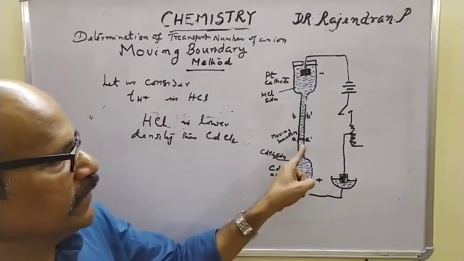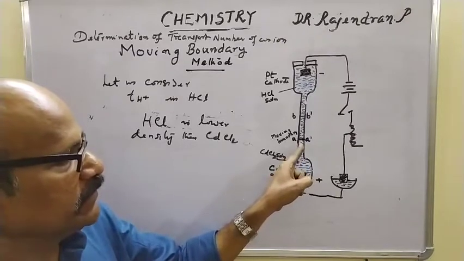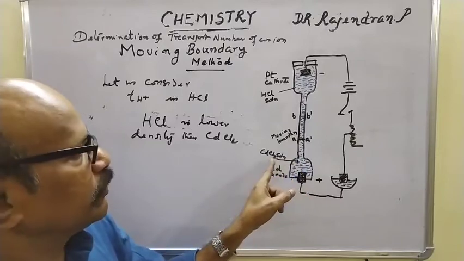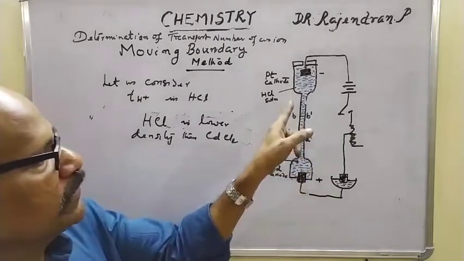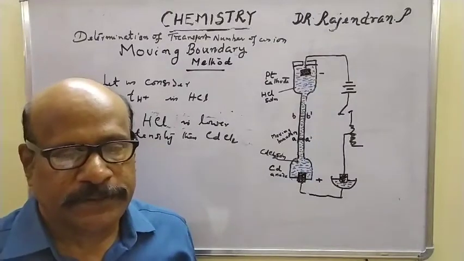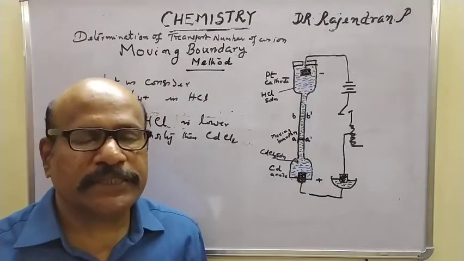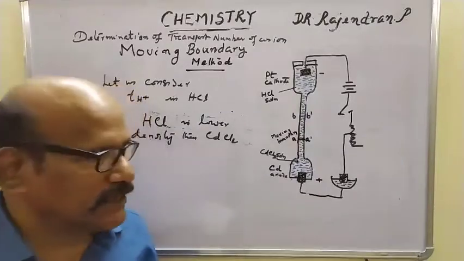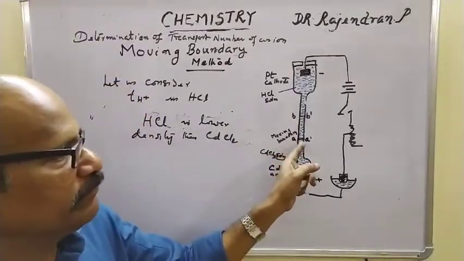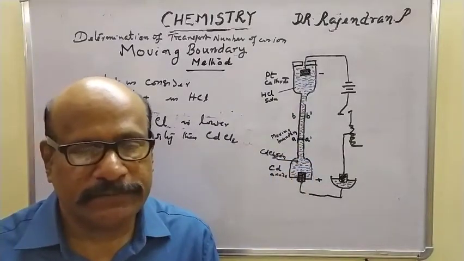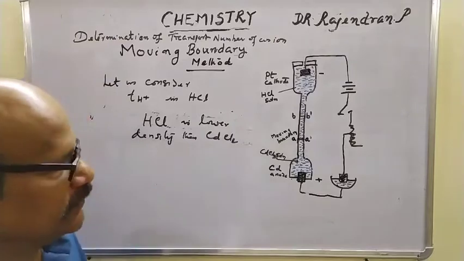Below the boundary is the much denser cadmium chloride solution, and above is the lighter hydrochloric acid floating. So the concentrations of HCl and cadmium chloride are so adjusted that there is a well-defined boundary between the two solutions. That is what we have to adopt in this experiment.